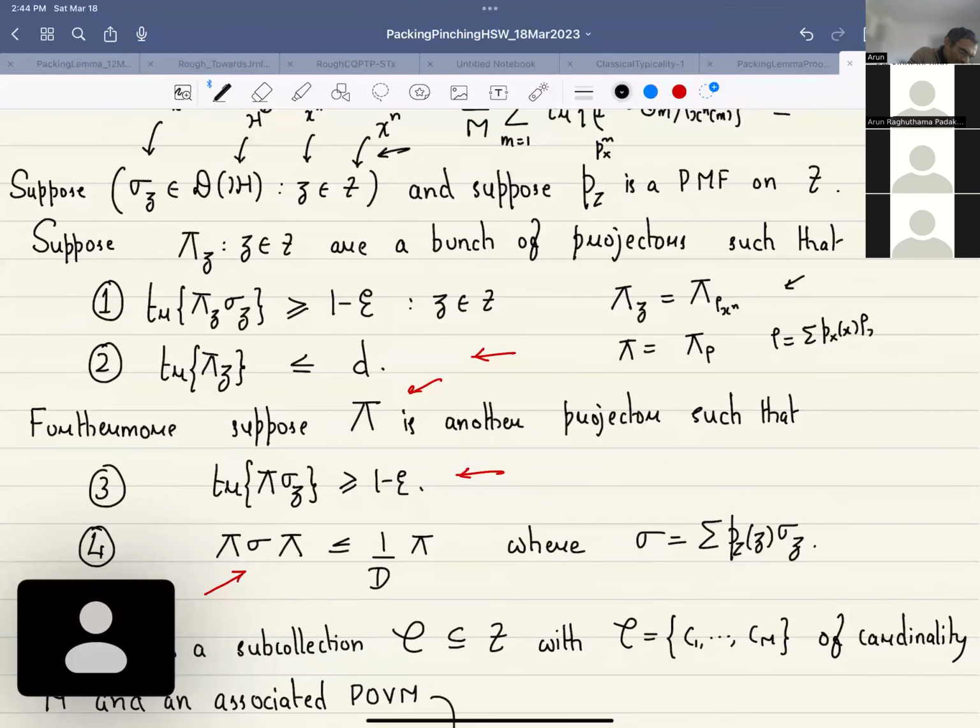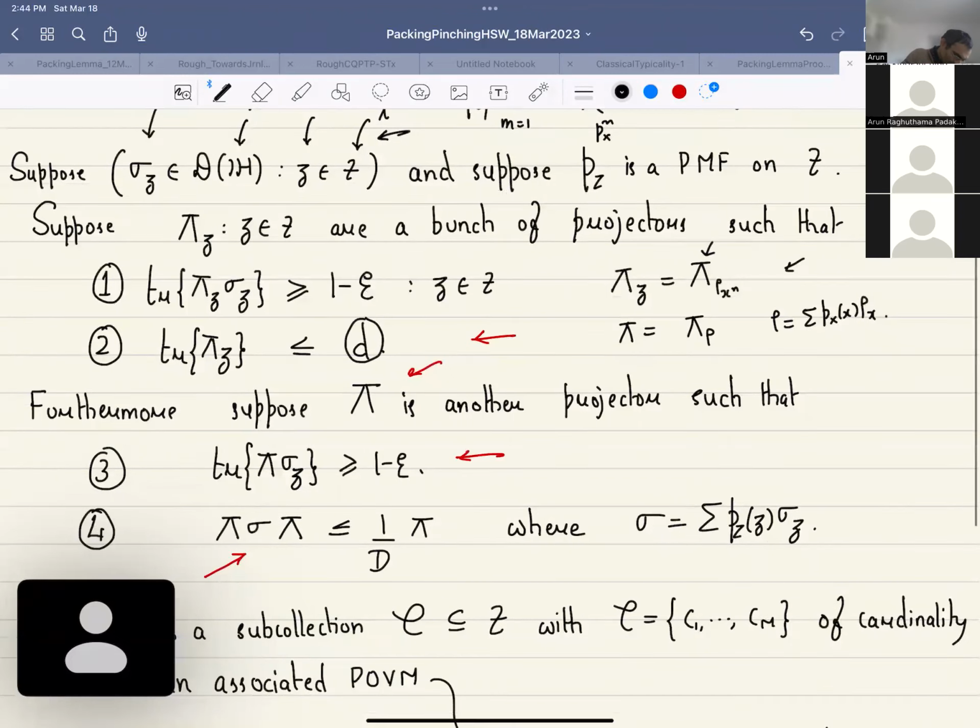So what is d? D is going to be 2 power n h of, I wrote this down last time. It's going to be the trace of this, the dimension of the subspace on which the conditional typical projector will project. And capital D also you'll figure out, so we'll come to it.